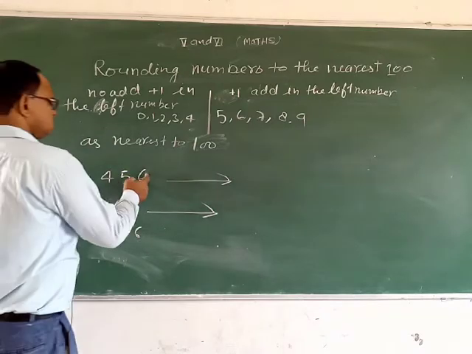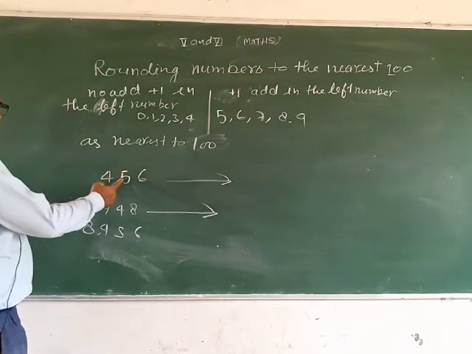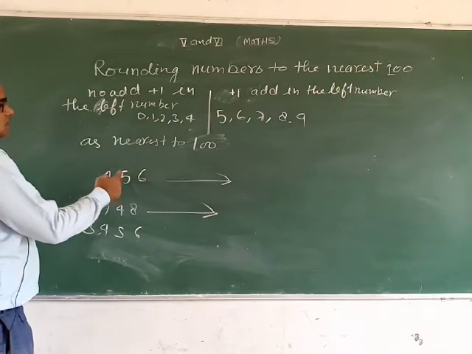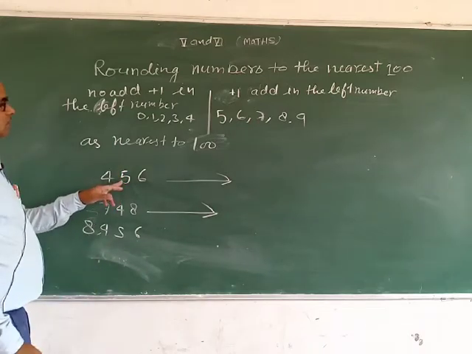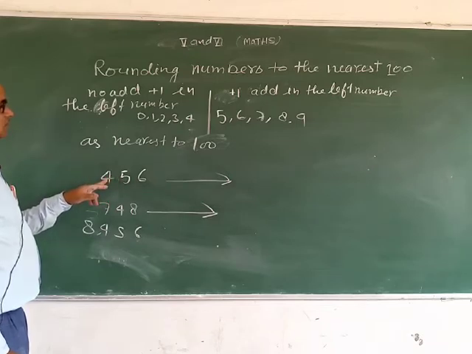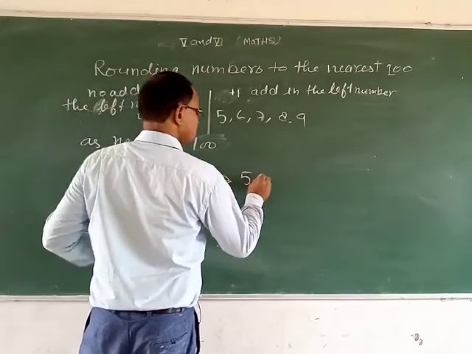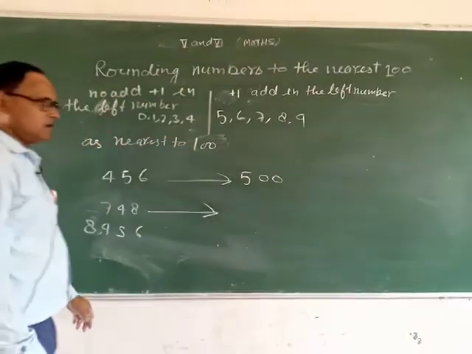Okay, here 6 terminate, give +1 to 5 and this makes 6, and 6 terminate from tens place, then it gives +1 to 4. Then write its nearest value 500.